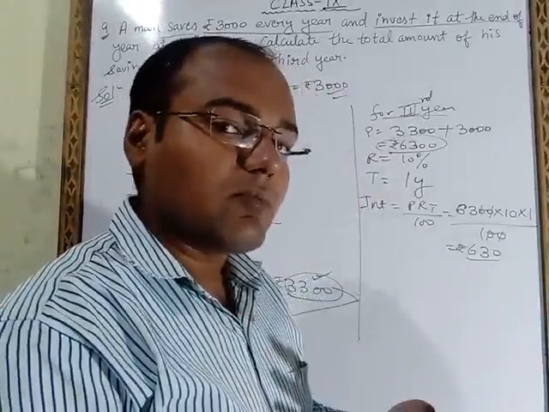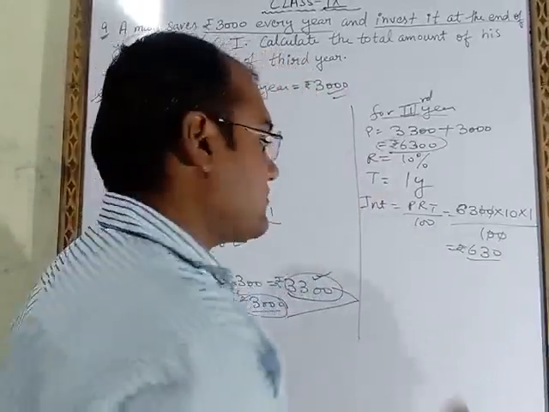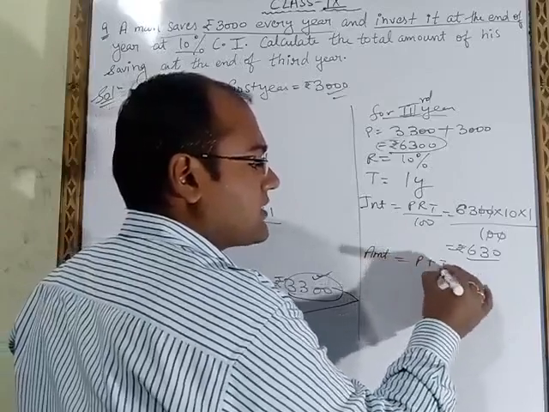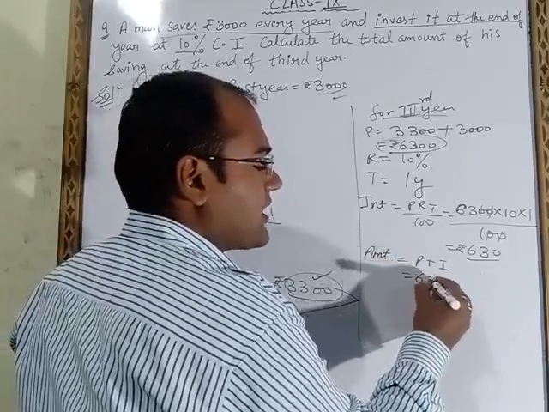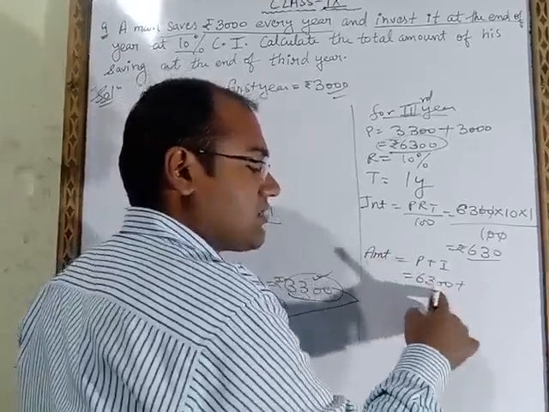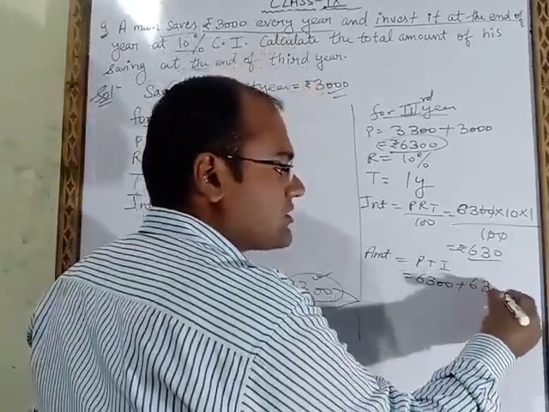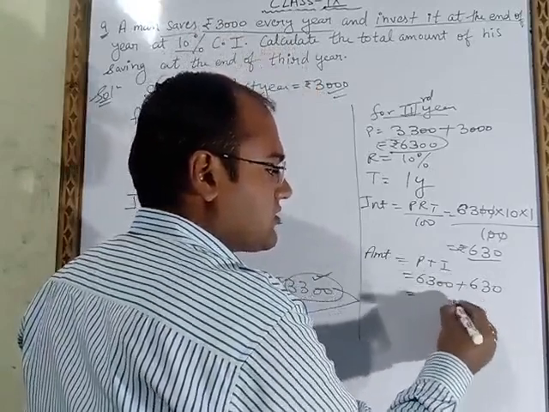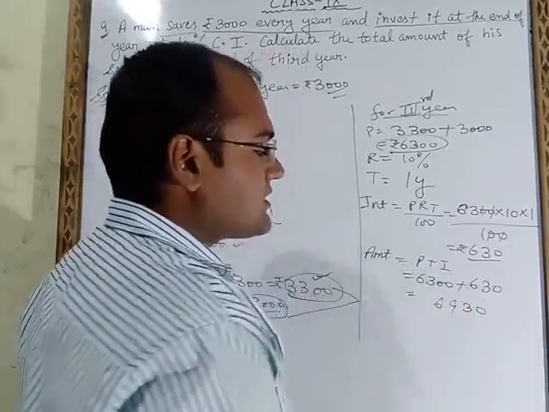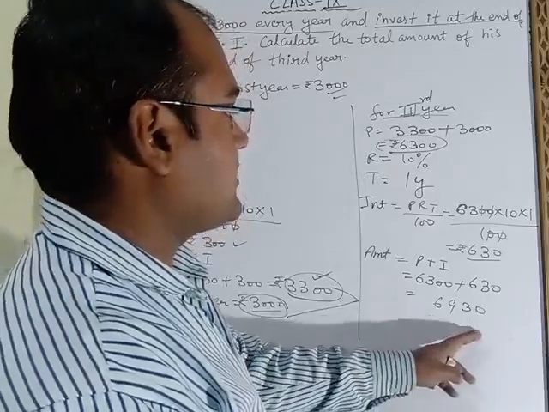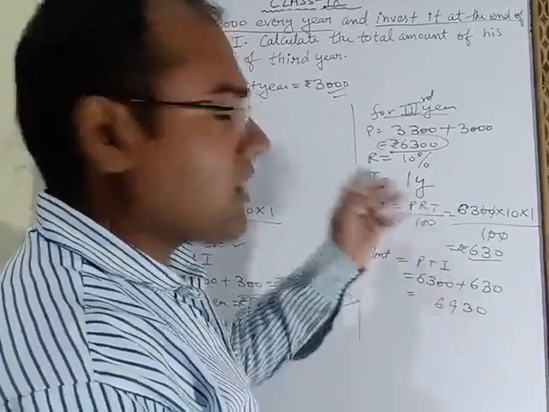Now what is the total money that he got through his investment? That means amount is principal plus interest. So how much money he had invested? 6300 rupees he has invested, plus he got interest also, 630 rupees. So the answer is 6930. 6930 is the amount of the third year.